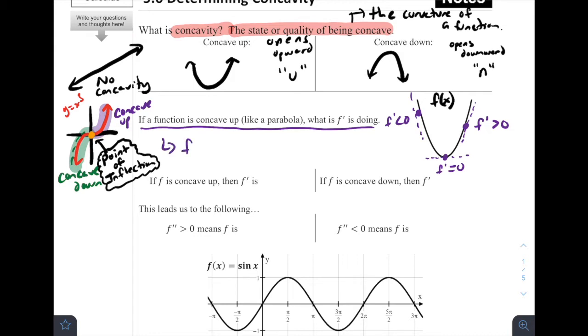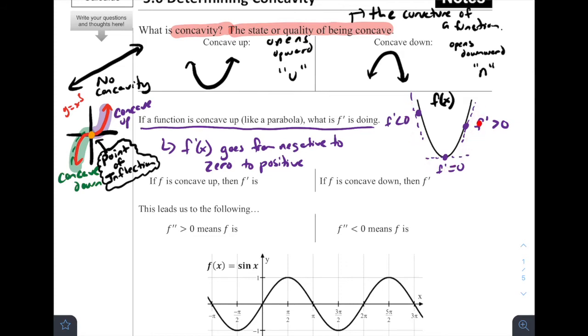So if a function is concave up like a parabola, what is f prime doing? Well, f prime of x goes from negative to 0 to positive. Looking from left to right, we start with a negative slope, then a slope of 0, then a positive slope.